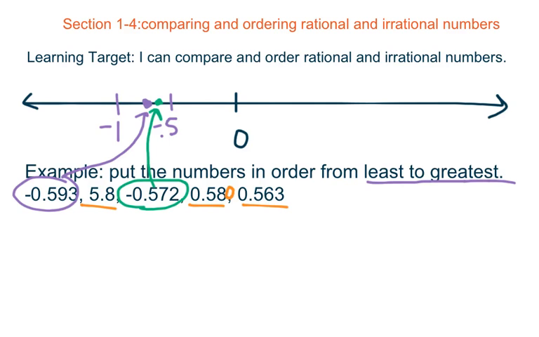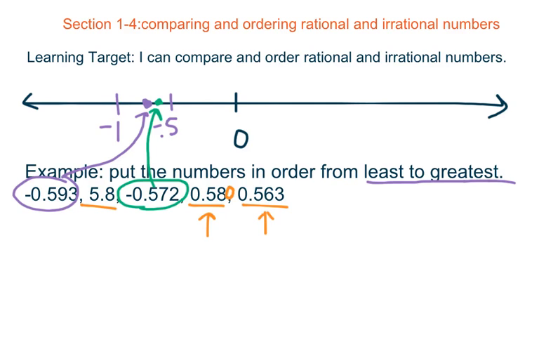So 0.580 and 0.563. So if I read this in mathematical terms, this one is 580 thousandths, and this one is 563 thousandths. So when you do it that way, you can see that 580 thousandths is bigger than 563 thousandths.